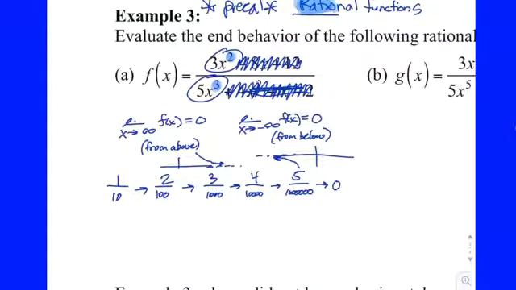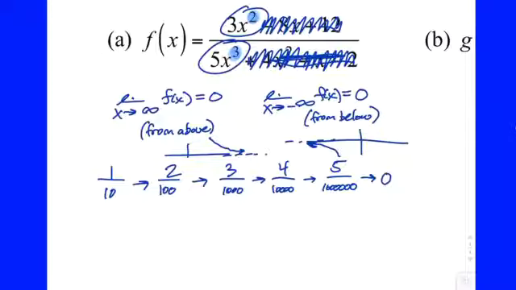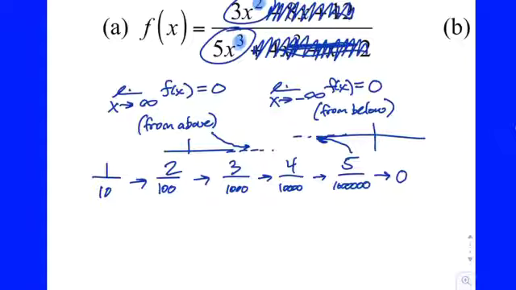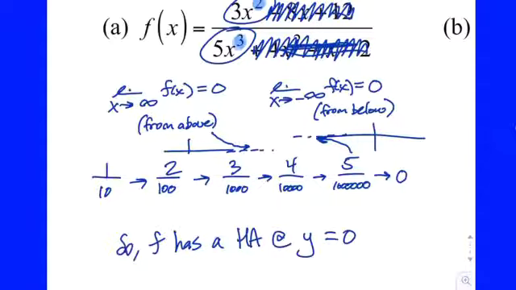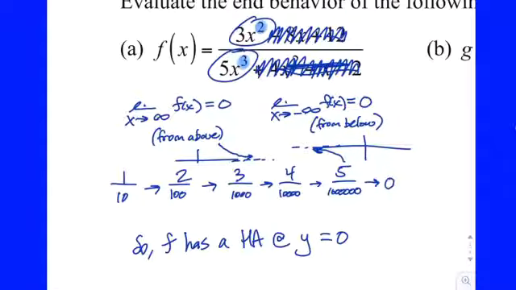All right, so let's go ahead and say that. Since the two end behaviors both exist, in this case they're both the same, we could say f has a horizontal asymptote at y equals 0. And like the function 1 over x, it's affected the same way on both sides.